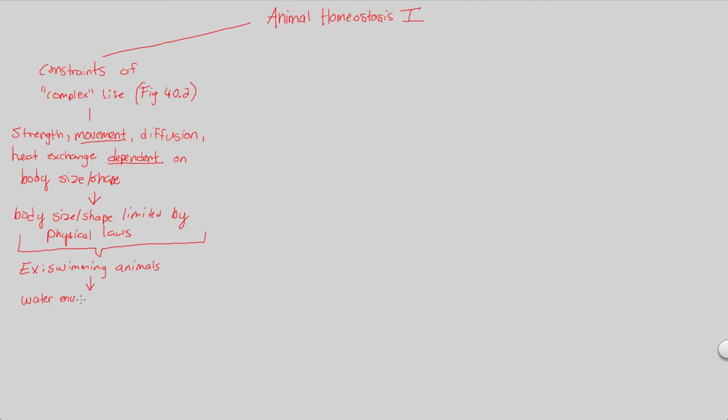The thing is, a water environment, as nice as it is, it's actually a limitation of some sorts for swimming. And that's interesting to think about. How is it a limitation? It's a limitation because a water environment is physically denser and more viscous, harder to push through, than air.